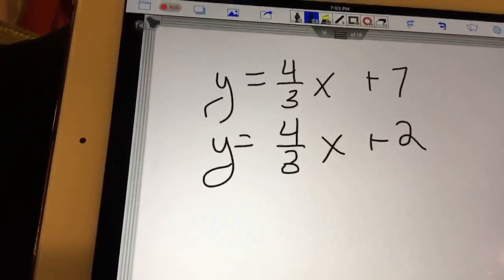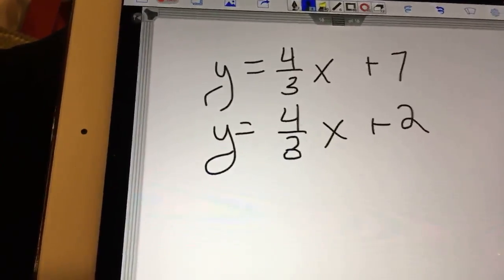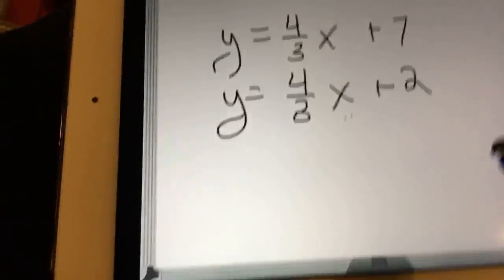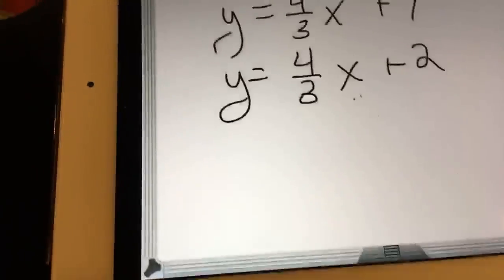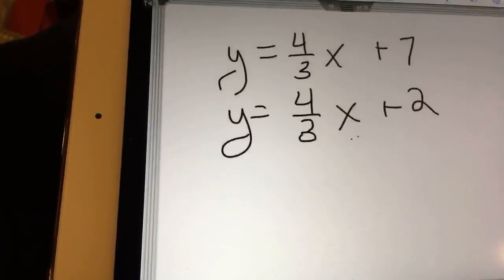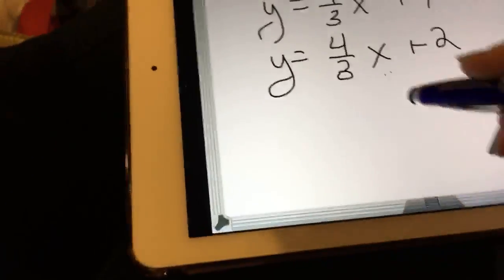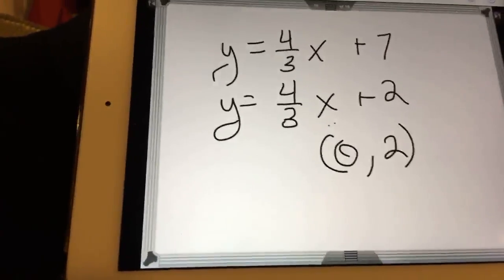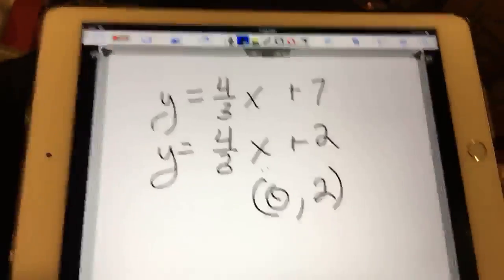Okay, I am going to pick a point on the second line. The very easiest point to pick is going to be the y-intercept, 0, 2. I hope you guys all see why that was the easiest point for me to pick.